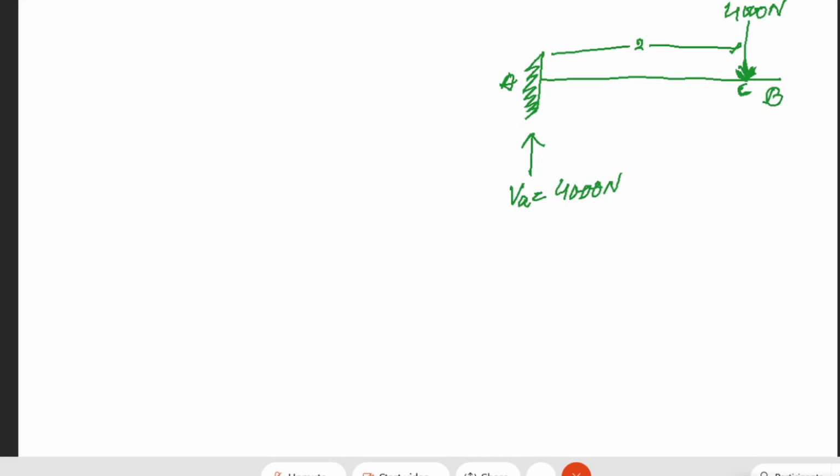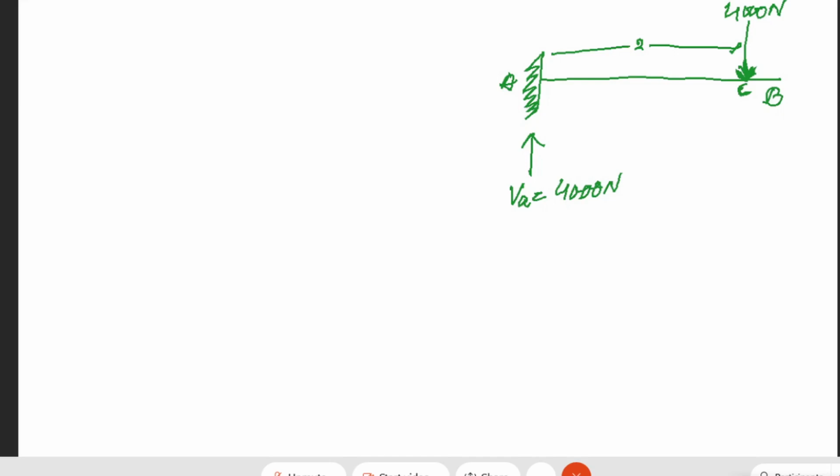So every time we analyze, we need to take into consideration that equilibrium should be maintained. For that, you will have certain resisting reacting forces, vertical reactions, or bending moments.